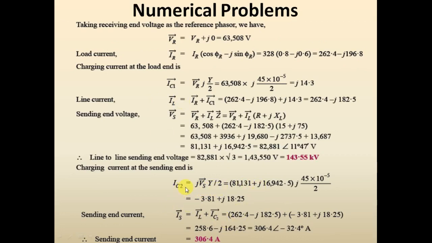Thereafter add vector IC2 and vector IL to get the vector IS. And the magnitude of this vector IS is 306.4. Here you don't have to multiply it by root 3 because in the case of a three-phase star system, line current is the same as the phase current. So this phase current will be the same as the sending end line current value.